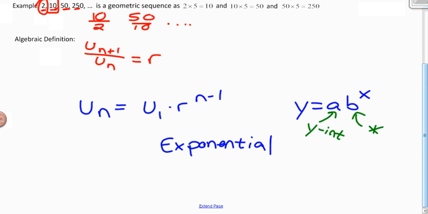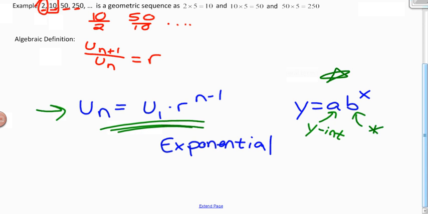So if you know your multiplier, you can go backwards and find your y-intercept, keeping in mind that we don't necessarily have our zero term with sequences, but you can always go backwards and find it. You can set up that one, or this one will consistently work as well. It's your choice which one you're comfortable with. If you like using the exponential but you're struggling with it, you may need to come back here and use this generic one for u sub n.